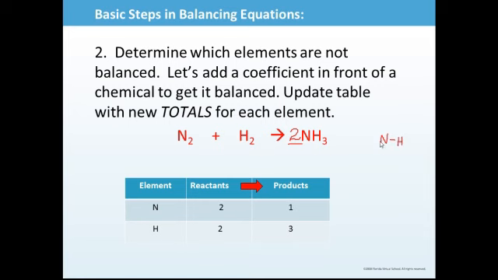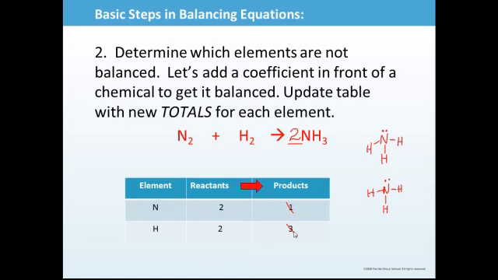Now remember from Module 3 that ammonia looks like this. I have one nitrogen for each ammonia group. So if I put a 2 out front of NH3, that means I have 2 ammonia groups, which means we must update the table with our new totals.